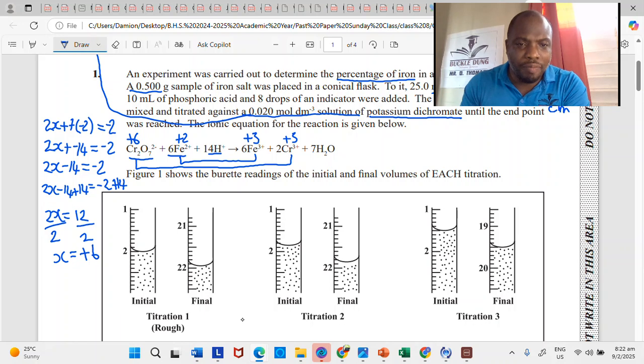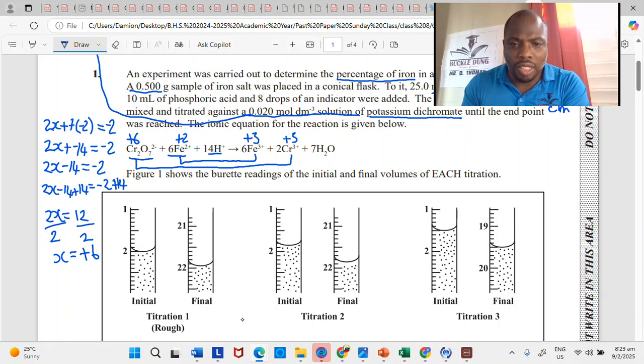So it is indeed being reduced. It is what is causing the iron to be oxidized. So the iron 2 salt is acting as the reducing agent, and the potassium dichromate is an oxidizing agent. Not true? So we have a redox reaction happening here.